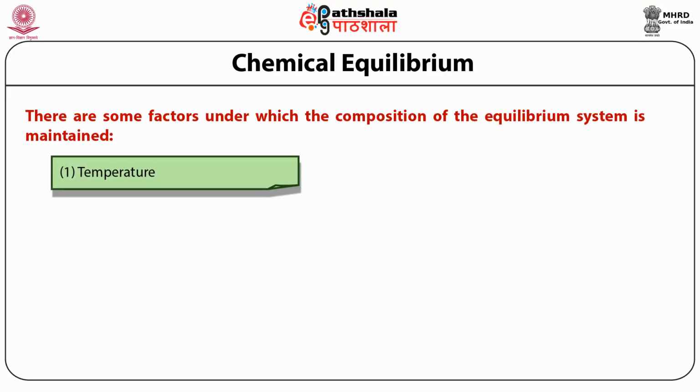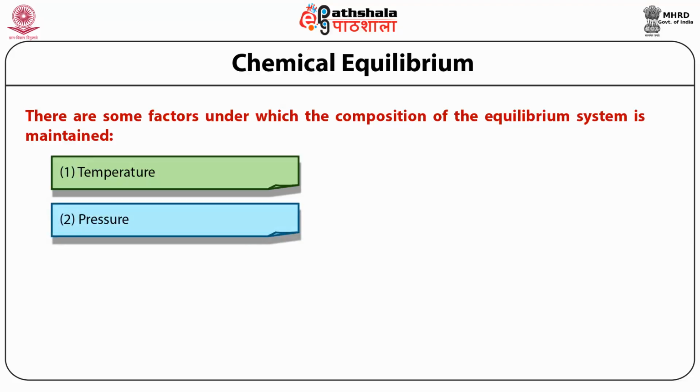Temperature. If the temperature of an equilibrium mixture of nitrogen, hydrogen, and ammonia is increased, then the reaction which absorbs heat will be favored and so ammonia is decomposed. Pressure.